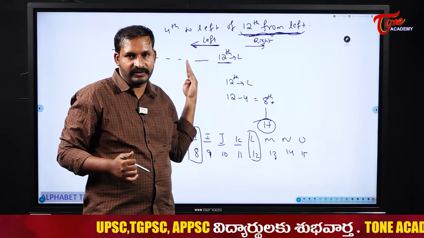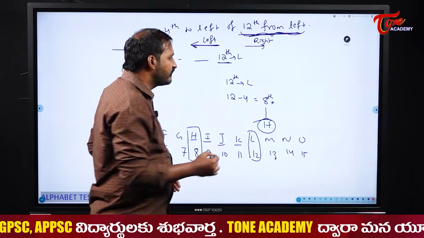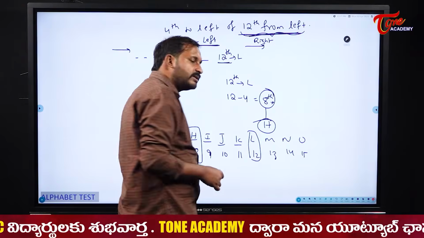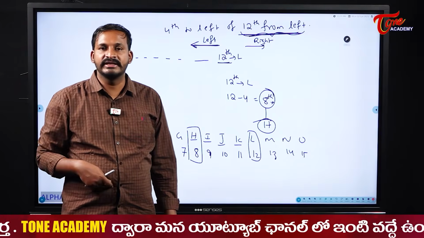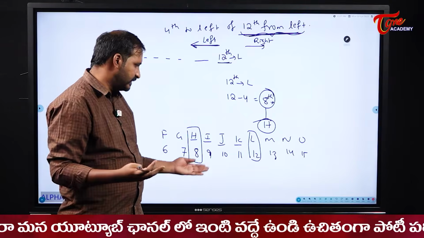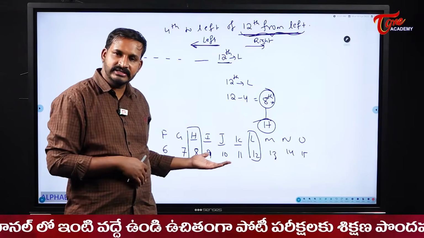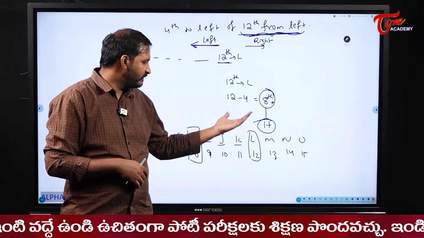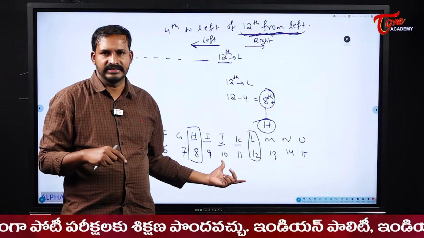You will move towards left, so you subtract. 12 minus 4 becomes 8th from left. What is the 8th alphabet from left, students? It is nothing but H. The same thing you get if you write it on an alphabetical line, but it will waste a lot of time if you keep writing the alphabets like this.